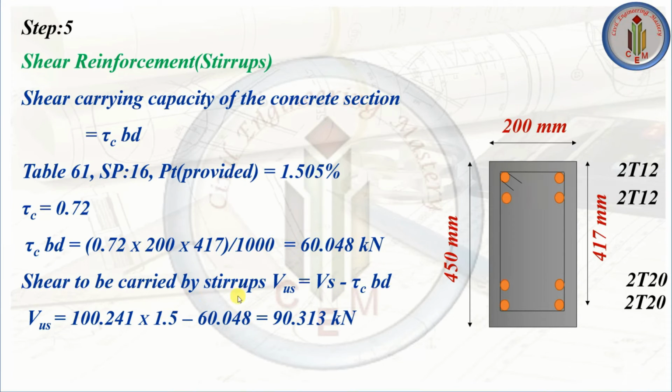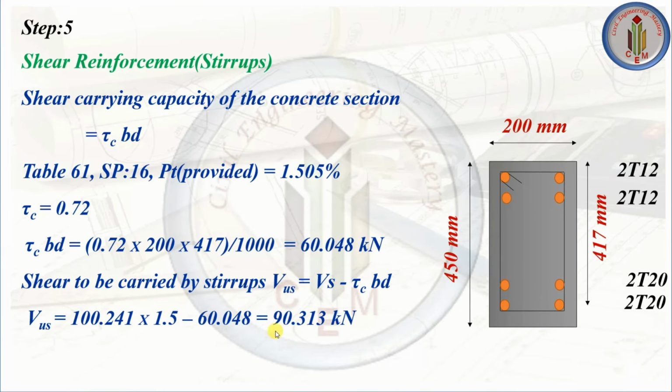So from this actual shear force, we need to deduct the shear carrying capacity of the concrete section in order to find the shear to be carried by stirrups. So VUS is equal to the actual shear force multiplied by 1.5, the factor of safety, minus this shear carrying capacity of the concrete section.